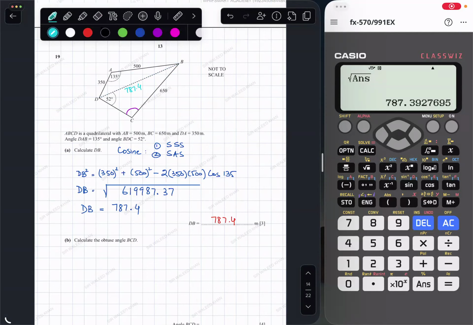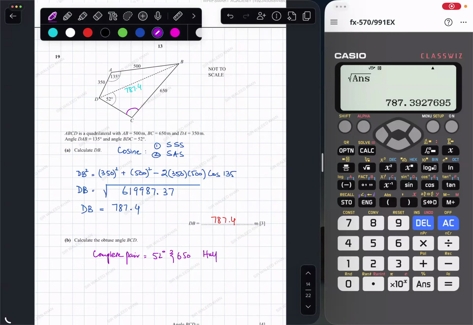Why? Because we have one complete pair of opposite angle and side, and one half pair. So the complete pair over here is 52 degrees and 650.